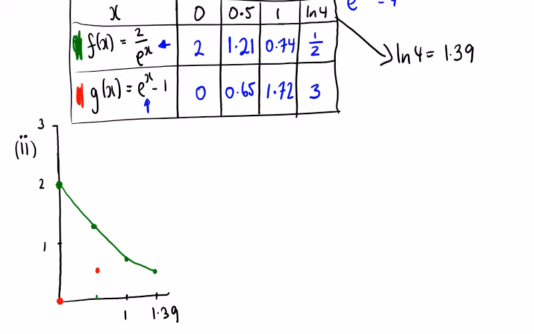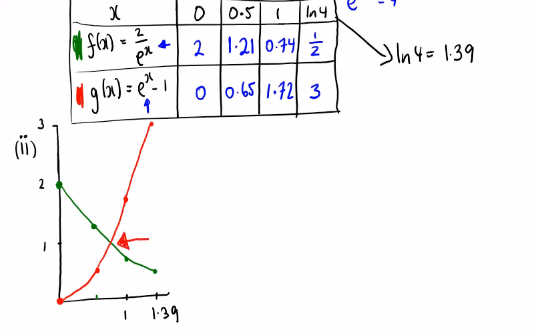When x is 1, we're up to 1.72, so maybe just slightly below there. And when x is the natural log of 4, 1.39, g of x goes all the way up to 3. And again, just try and curve your line exponentially up to there.